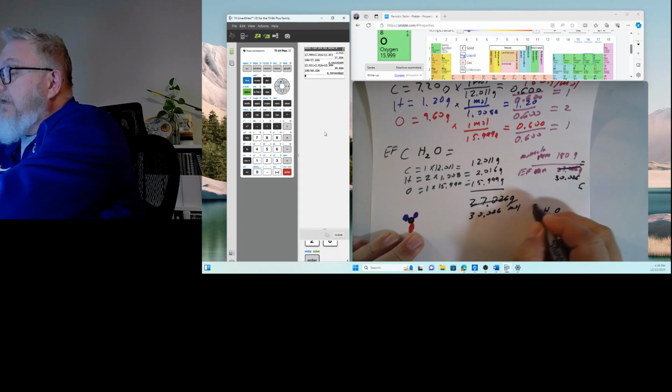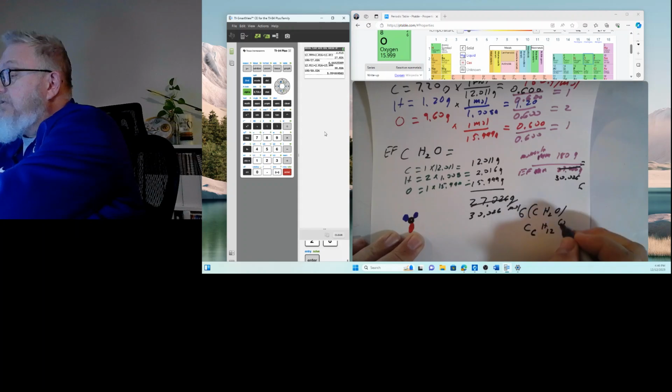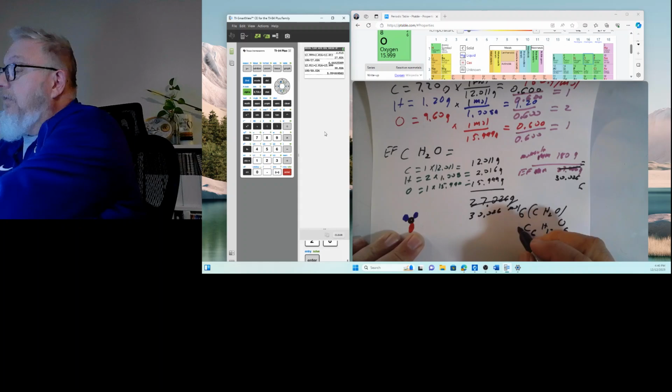I take the 6, I'm going to multiply across the empirical formula to get my molecular formula. So my molecular formula would be C. I've got 1 C, so that's 1 times 6, 6. I got 2 H's, so that would be H12, 2 times 6, and then 1 oxygen times 6, C6H12O6.